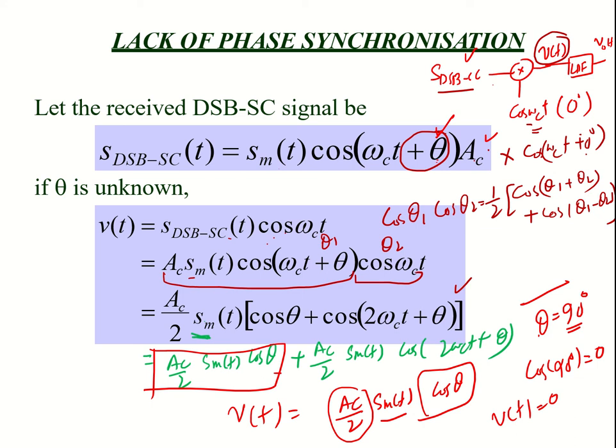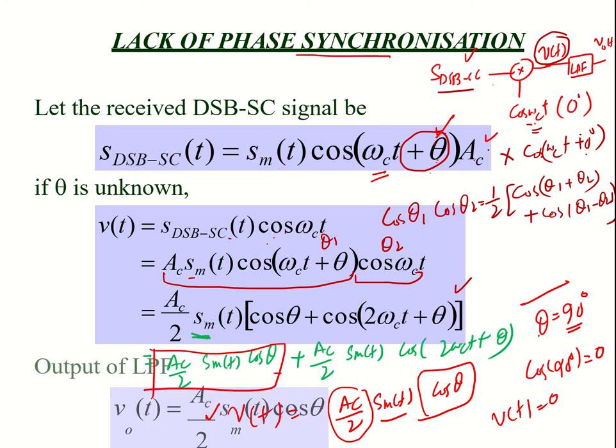That's why it is very important that both the phase and the frequency of the carrier and the modulated signal should be synchronized, should be the same, otherwise there will be a problem with the demodulated signal.